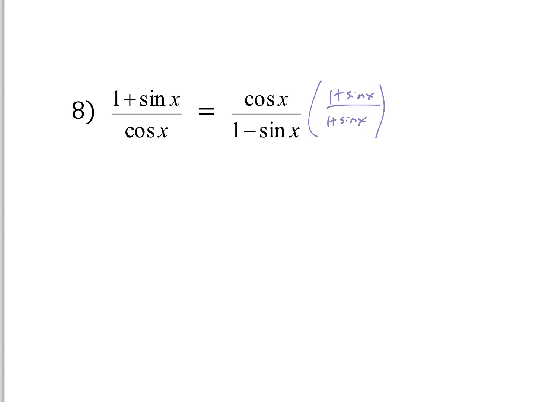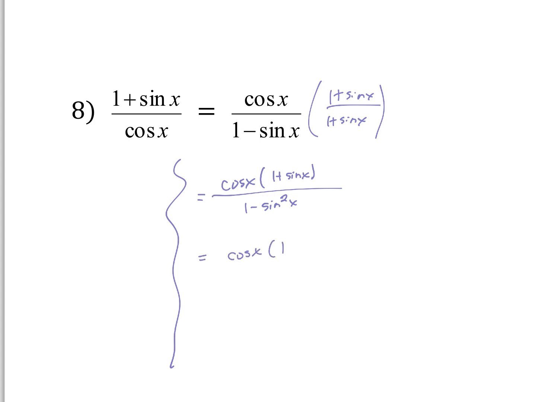Okay. So we end up with cosine x times 1 plus sine x all over, in our denominator we're foiling that out, and we end up with 1 minus sine squared x. And what is that equal to? Yep, there you go, that's right, Claire. 1 minus sine squared x is an alternative form to Claire's identity.